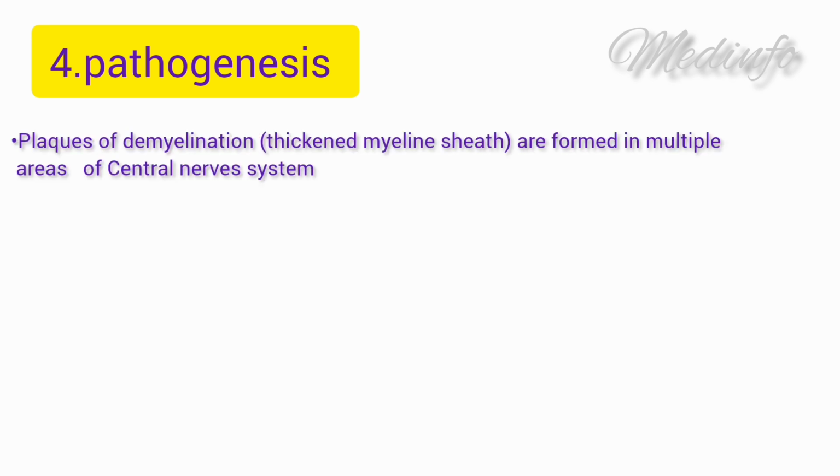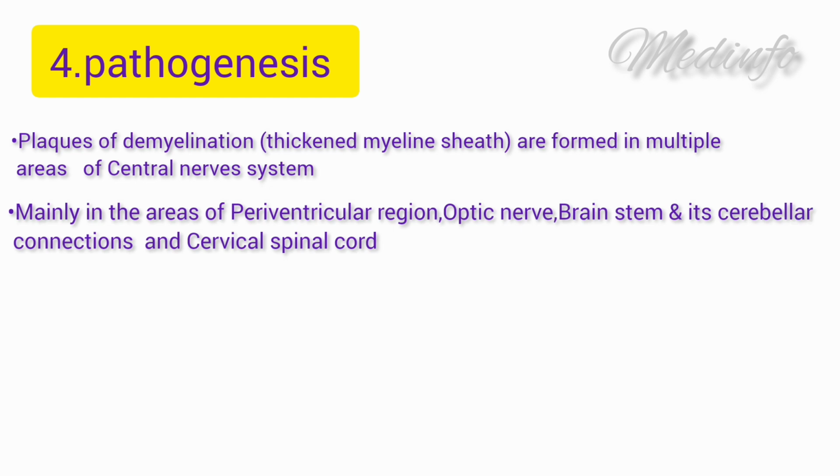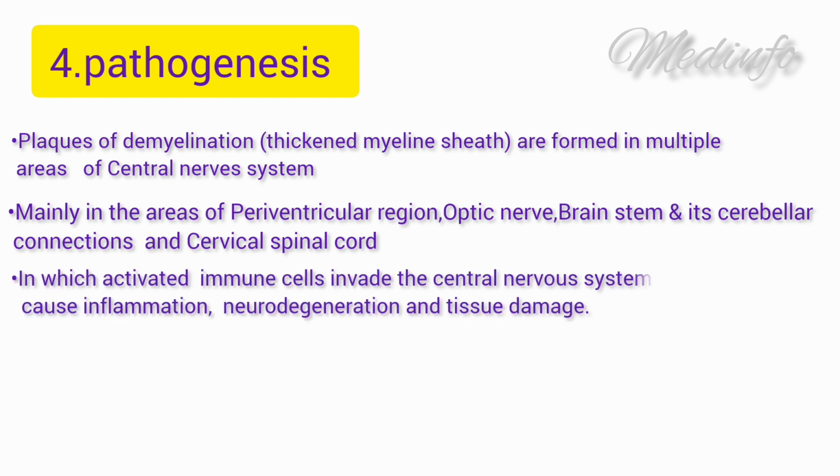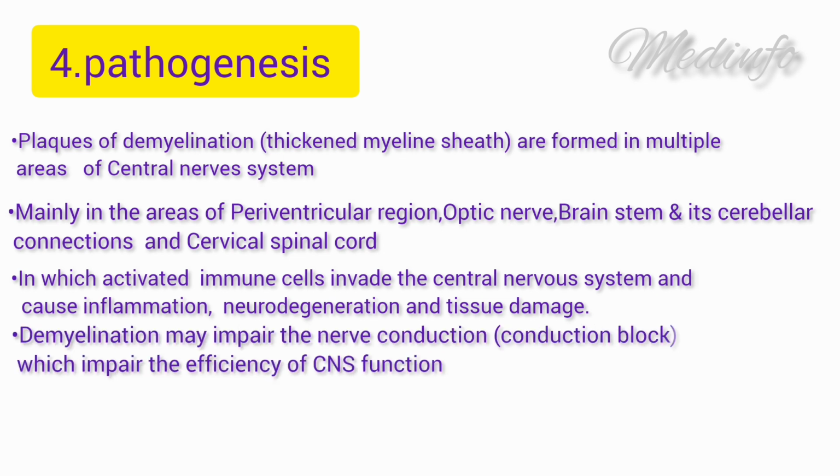Next one, fourth, pathogenesis. Here we can see the flakes of demyelination, meaning thinned myelin sheaths, formed in multiple areas of the central nervous system, mainly in the periventricular region, optic nerve, brainstem and its cerebellar connections, and cervical spinal cord, in which activated immune cells invade the central nervous system and cause inflammation, neurodegeneration, and tissue damage.